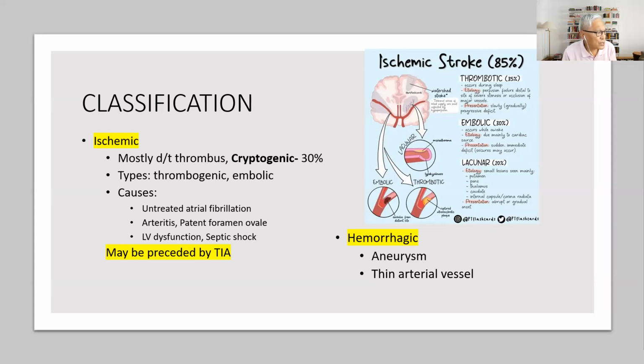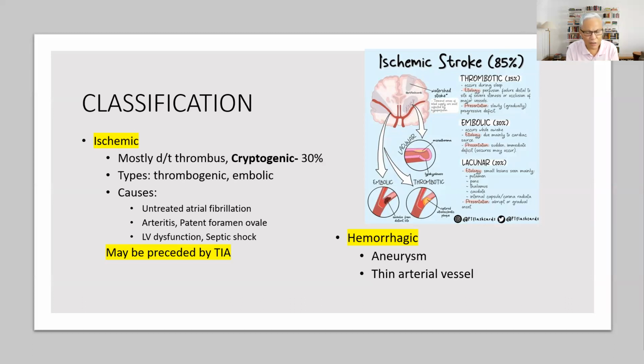The causes are many, and could be a result of arteritis, a patent foramen ovale, left ventricular dysfunction, or even septic shock. Usually this condition is preceded by a transient loss of function called a transient ischemic attack.